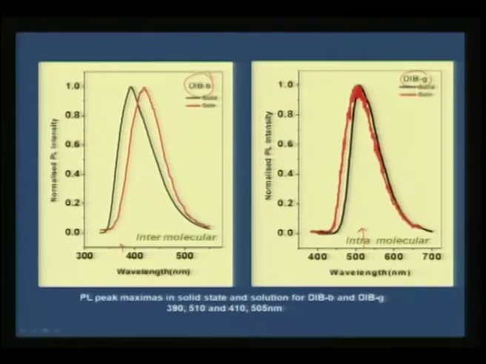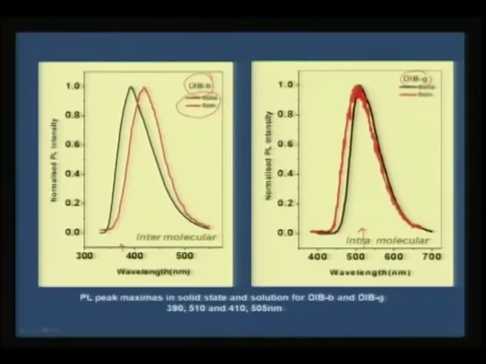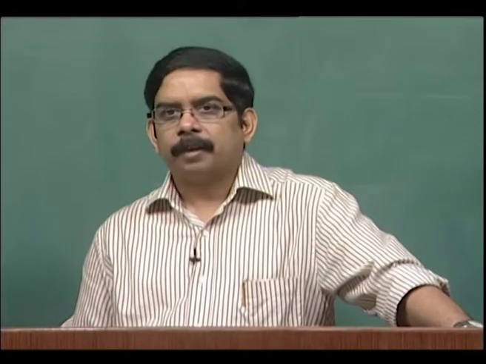And if you compare the solid and the solution emission spectra of the intermolecular hydrogen bonded molecule, you can see that there is a collapse of this intermolecular hydrogen bonding once you put it in solution. As a result, there is a red shifted emission in solution compared to blue emission in the solid state, whereas there is no such feature present in the case of intramolecular.